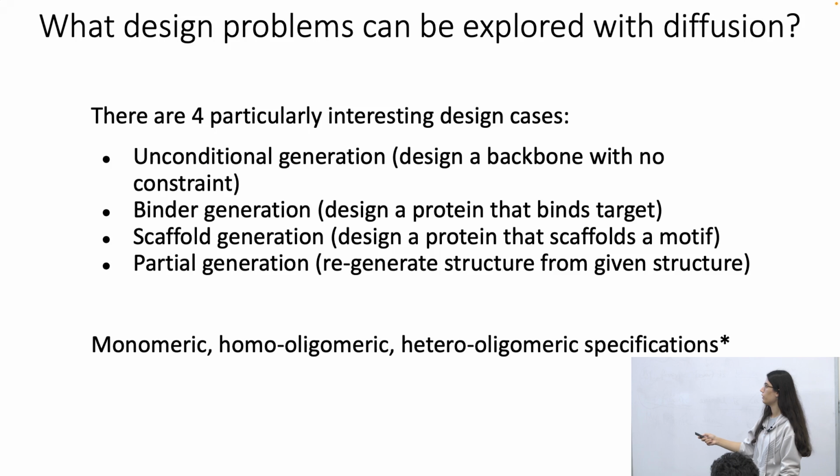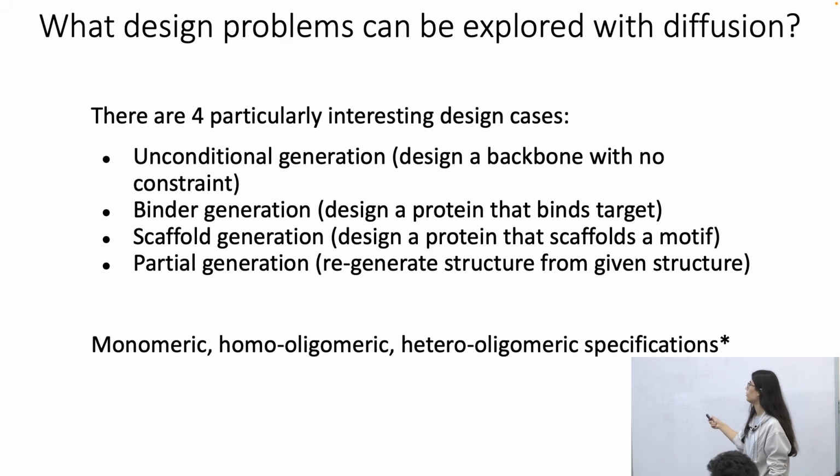Can you think of a case where this 4th bullet point is applicable? Why would you want to only partially redesign? Maybe you have the bulk of your structure, you're just not sure about a region, and you want to see if you can generate something that looks more convincing at that region. Maybe you want to stay within a certain protein family, but see what other artificially generated protein looks like it would belong in that family.